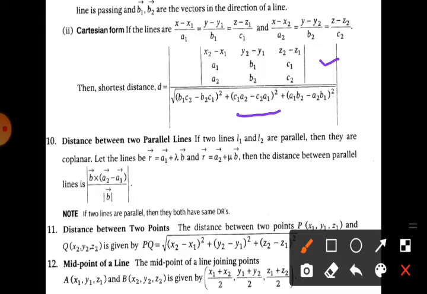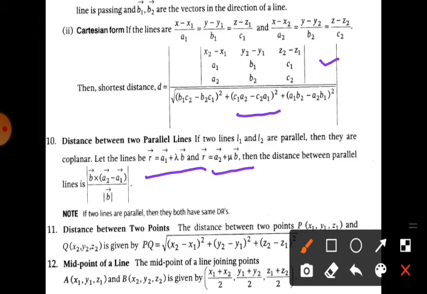Next, distance between two parallel lines. If two lines L1 and L2 are parallel, then they are coplanar. The lines are r vector equal to A1 vector plus lambda B vector, and r vector equal to A2 vector plus mu B vector.